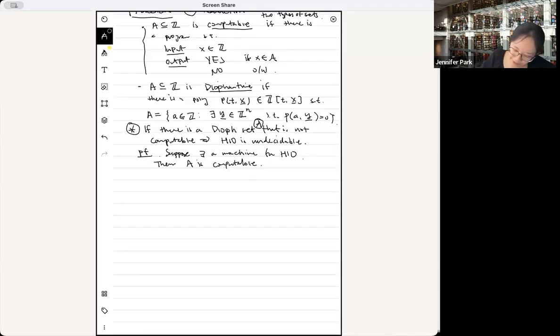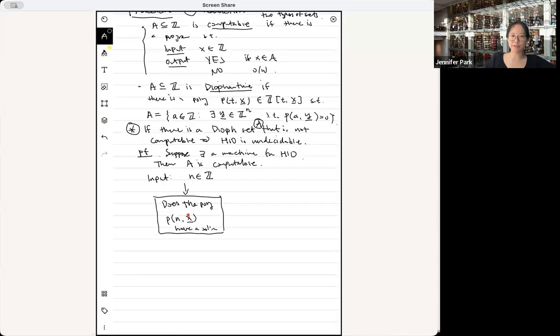Okay, so the input is going to be any integer, right? I'm going to take an integer n, and here's the black box. And the question is, does the polynomial p of n comma x have a solution, where I've already plugged in n?